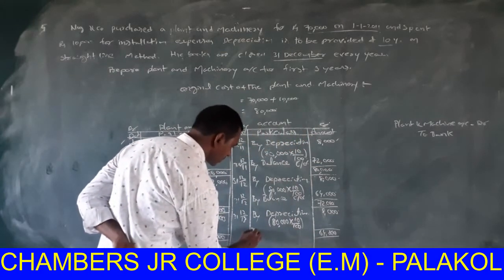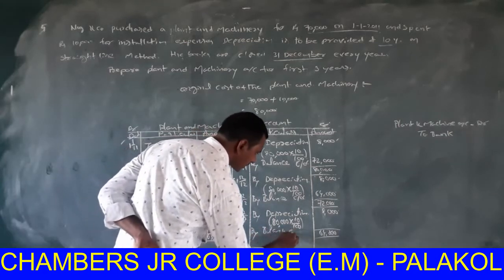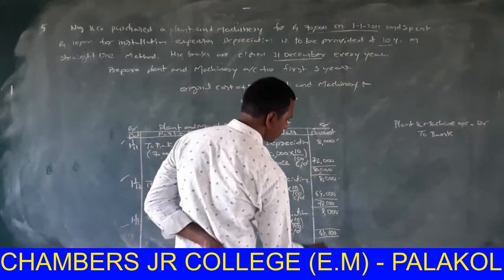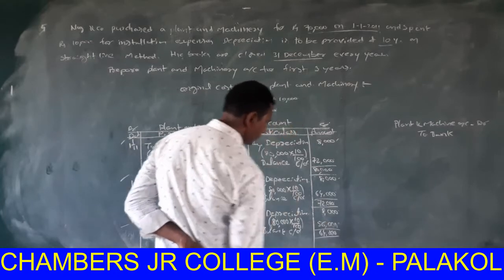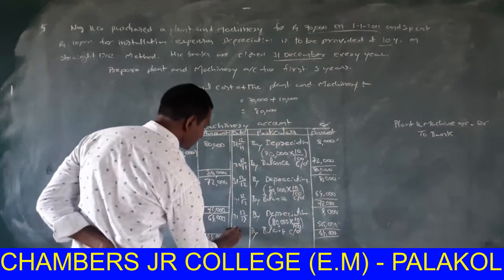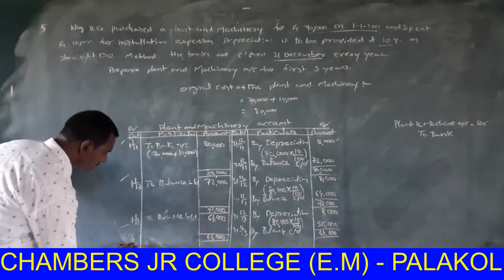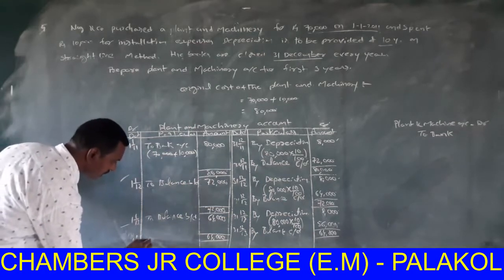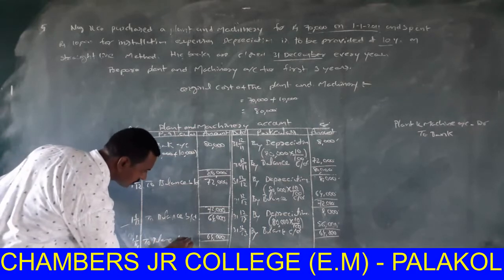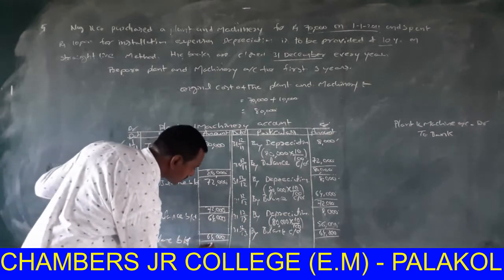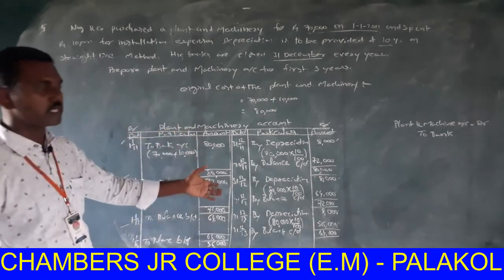The balancing figure: by balance carried down, 64,000 minus 8,000, 56,000, same date 31/12/2013. This amount is transferred to next year, 1/1/2014, balance brought down rupees 56,000. This is the calculation of depreciation for 3 years.